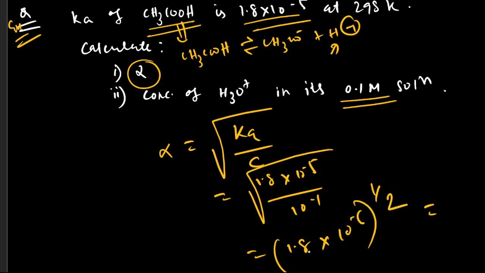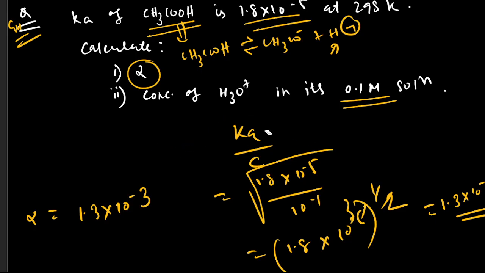So this value will be 1.3 into 10 raised to minus 3. So alpha equals 1.3 into 10 raised to minus 3. And they also ask for the concentration of H3O plus.